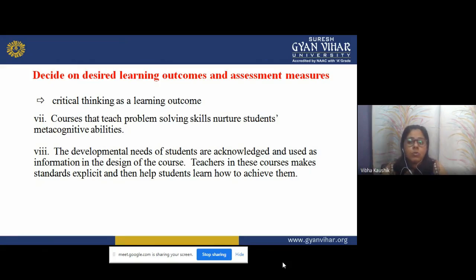Teachers in these courses make standards explicit and then have students learn how to achieve them. Means the teacher will help the learners achieve the learning outcomes we have decided.